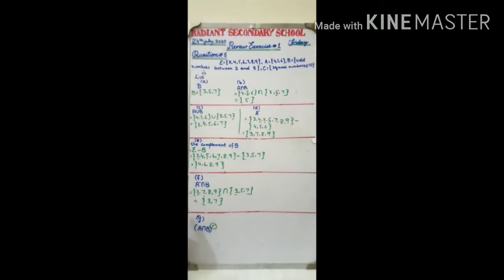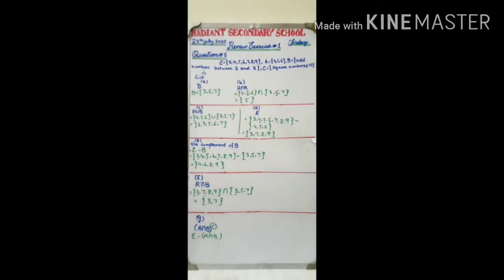A intersection B we found in part number B, and the answer was 5. So A intersection B is 5 here. We have to find complement of A intersection B. So universal minus A intersection B. It means we have to find this one.